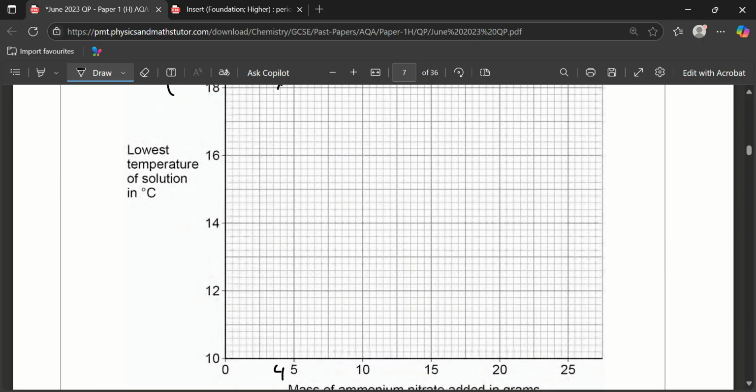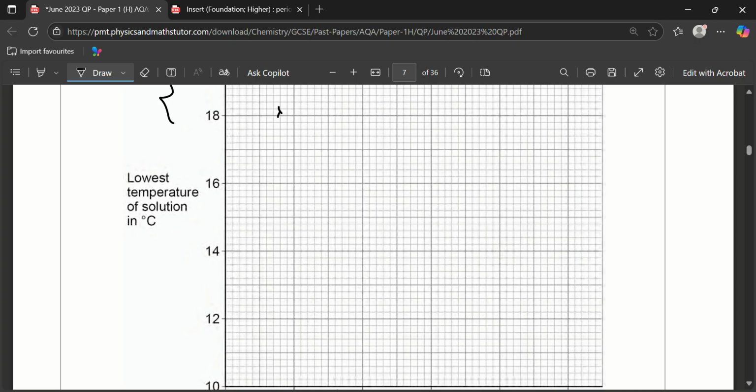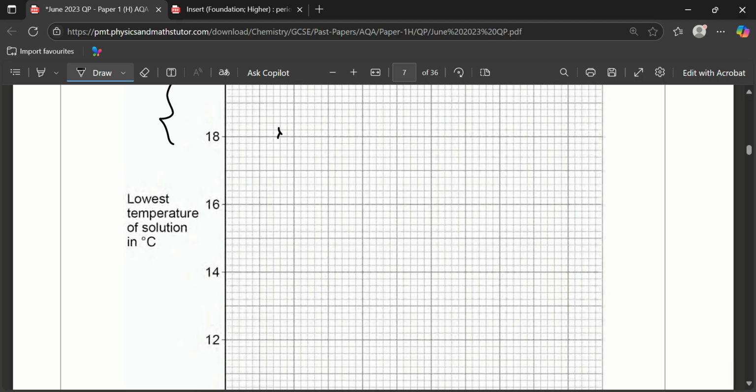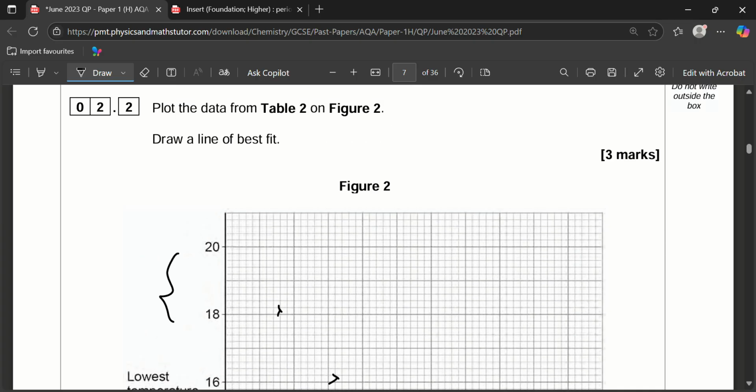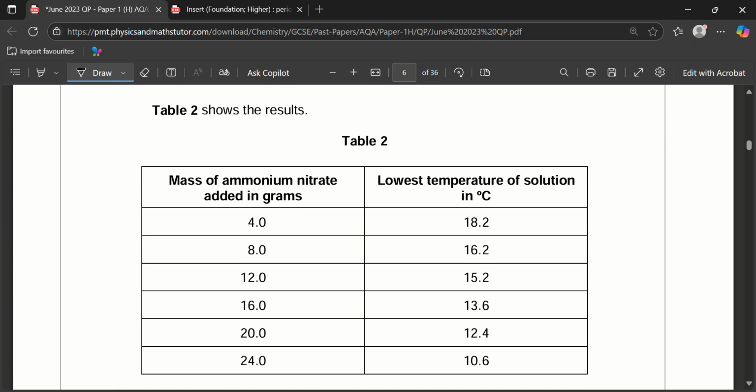Then 8 and 16.2. 8 would be marked here, just in front of 7.5, and the value is 16.2, so it'll just be another mark here.